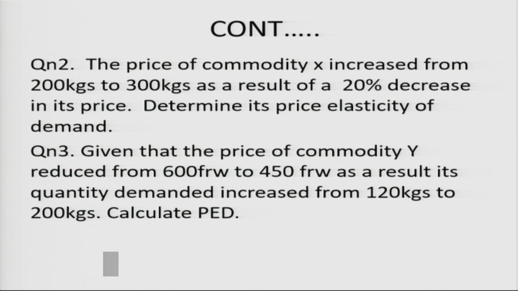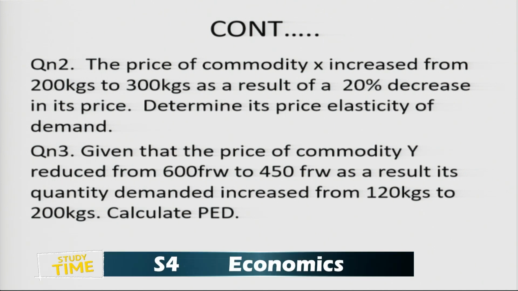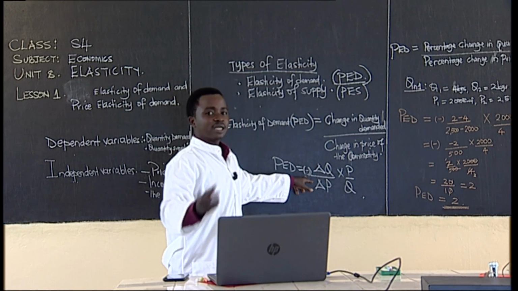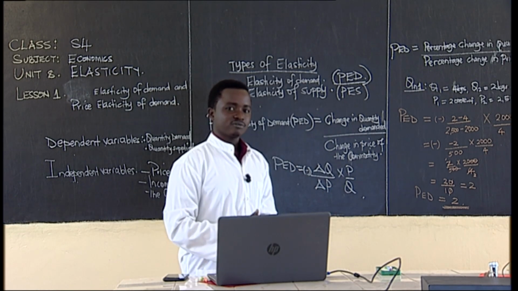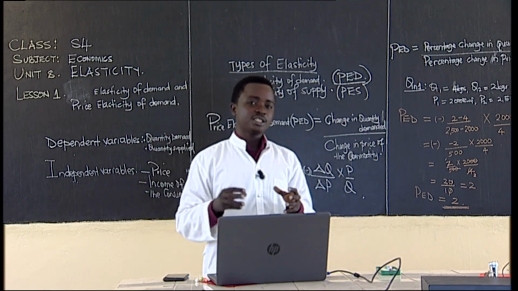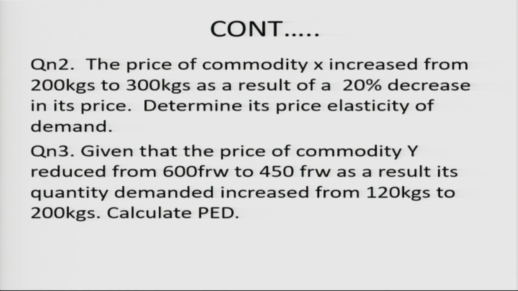That's why PED is always negative, because of that inverse relationship. But I said in the formula, you may put this negative, which will cancel the other negative, and you get a positive. Or we can ignore it, because you are interested in calculating the degree of reaction, the magnitude, not the direction of change, but the degree of change. So question 3, you have to calculate PED.